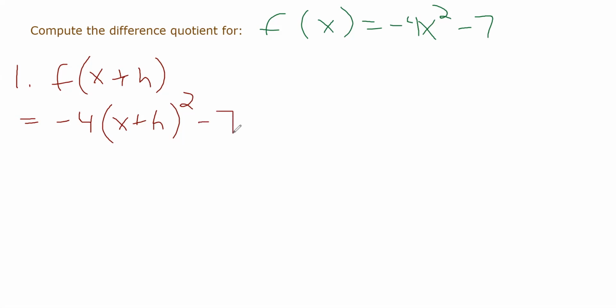Minus 7 is still out here. And you'll now recall, oh wait a minute, I got to square that. And it's not just x squared plus h squared. No, no, no. If only. It's actually this, where you have to FOIL a binomial.